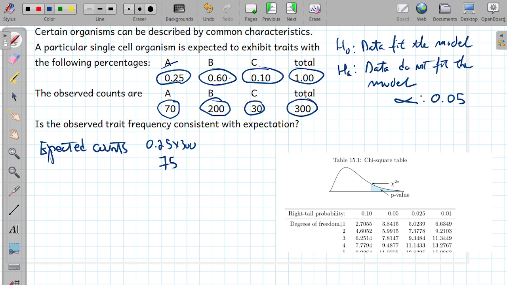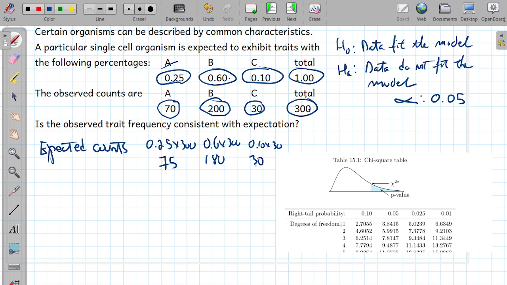Now, we need 60% for category B, and 60% of 300 is 180. So that's 0.6 times 300, which is 180. And then finally 10%, that's easy enough. That's exactly 30, and we have 30. So we go 0.10 times 300, and we get 30. That's how we do that.